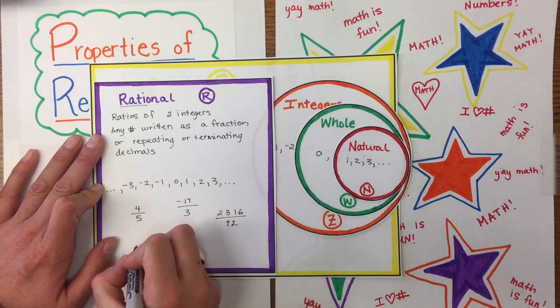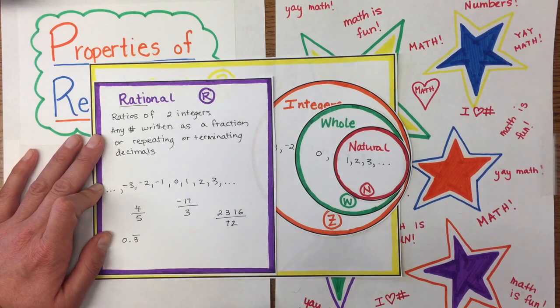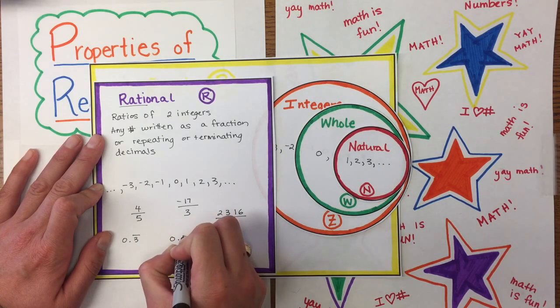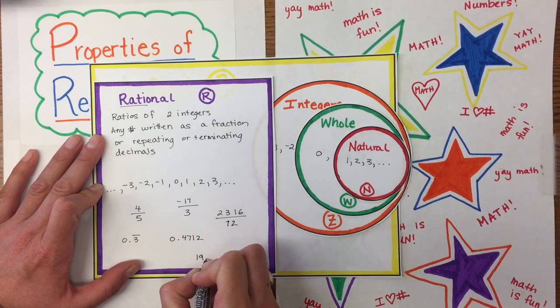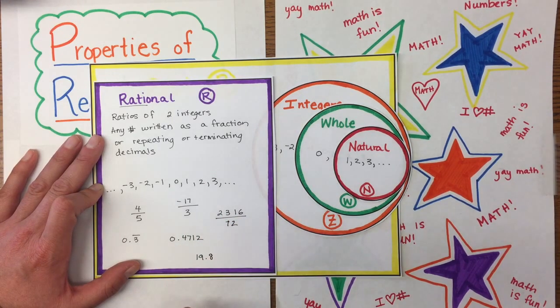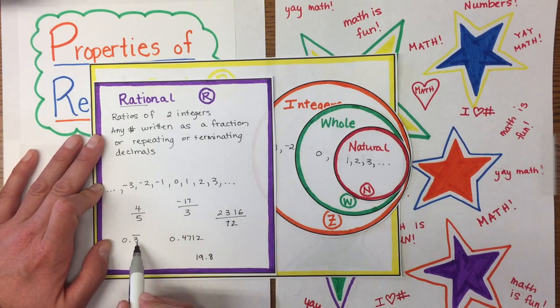But this would also include numbers like 0.3 repeating, 0.4712, 19.8. All of these are fractions, repeating decimals, or terminating decimals.